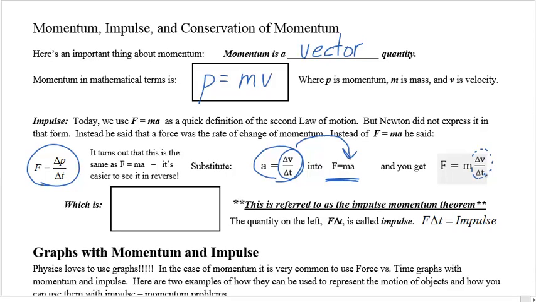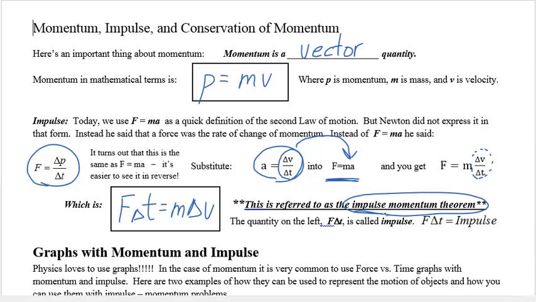When we move the change in t over to the left, we get F change in t equals m delta v, which is that impulse-momentum theorem we had been using, where F delta t is the impulse that causes the m delta v, that change in momentum.